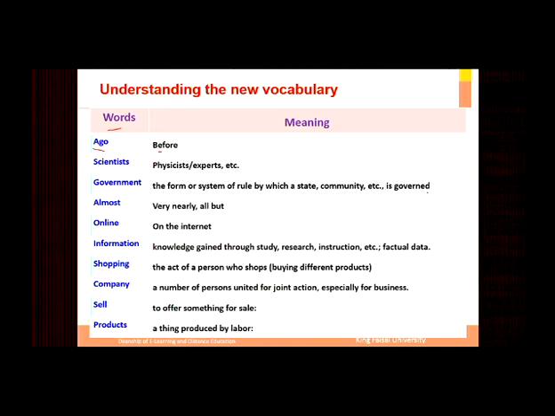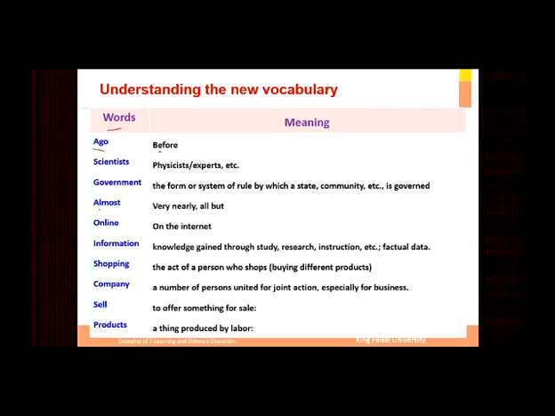So when we say this is the government of this country, we refer to the political system, to the governmental system, to the rules that are basically used to rule a community, or a state or a country or a kingdom or whatever. So we refer to the kind of government that is there.